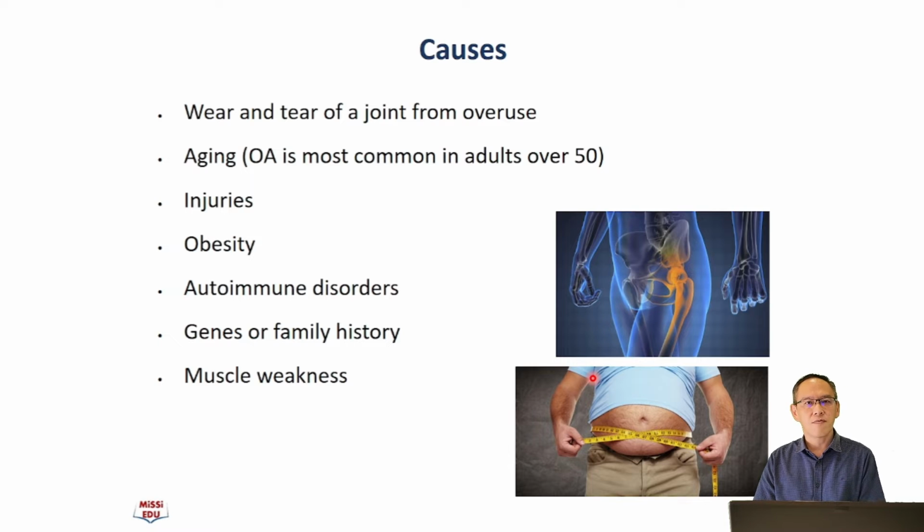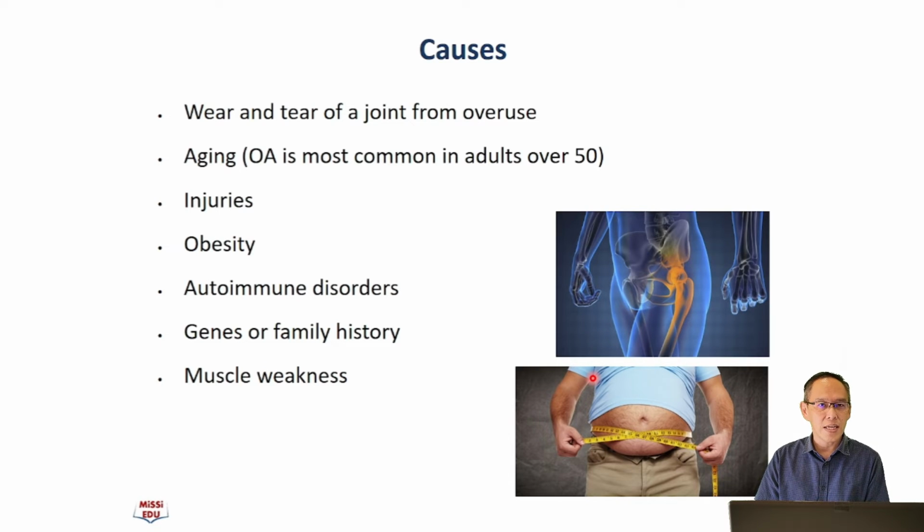Now, what are the causes of arthritis in general terms? One is wear and tear: as we age, we work too hard, we walk too much, or we use a certain part of the hand in a certain job, causing wear and tear and overuse of the joint. Aging is the commonest cause, which is osteoarthritis.